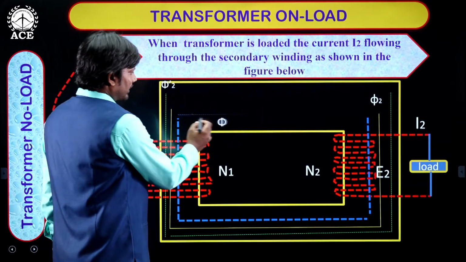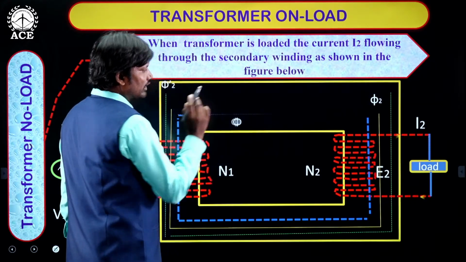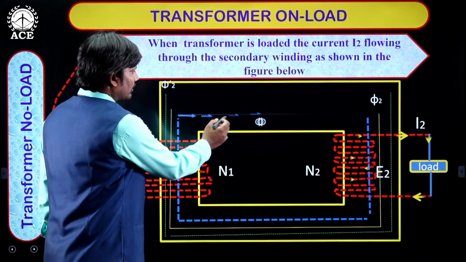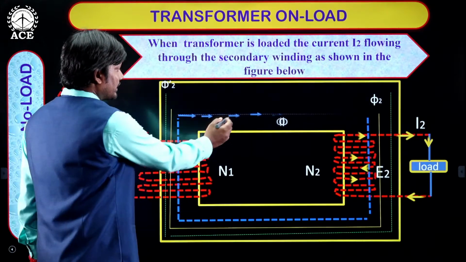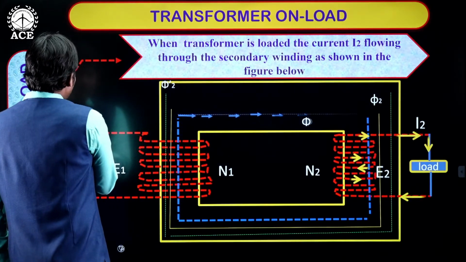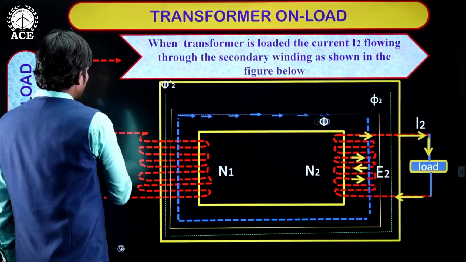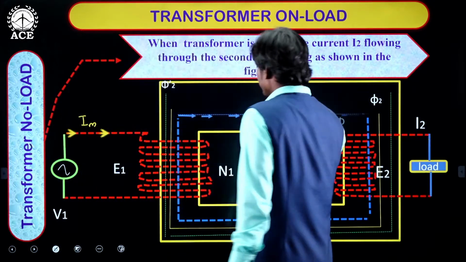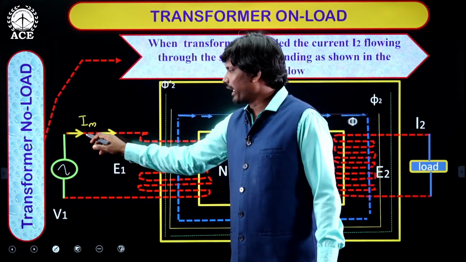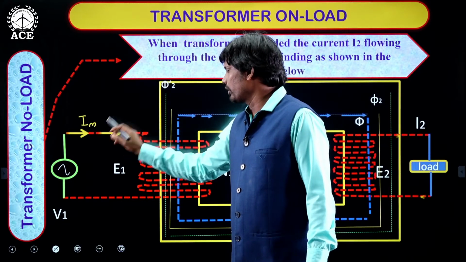Now, this flux, this phi, is called the main flux, which is produced by the magnetizing component of no load current.